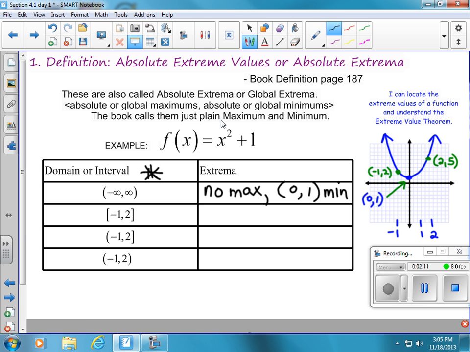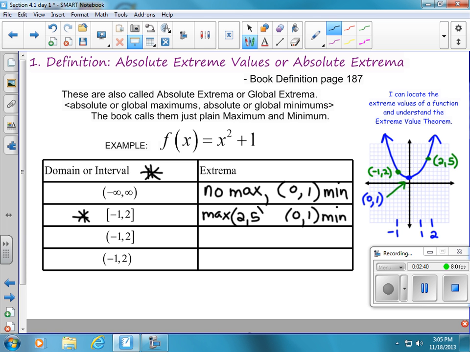Y equals 1. All right, now if we limit our interval from -1 to 2, that's where these two green points are, our absolute minimum in that interval is still (0, 1). But our maximum in that interval now is at (2, 5) because that's the highest point.